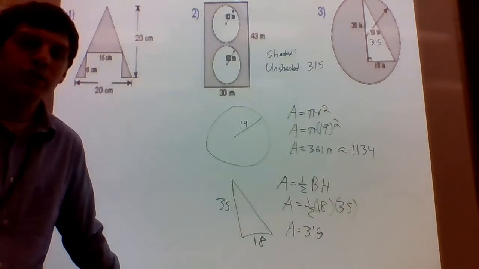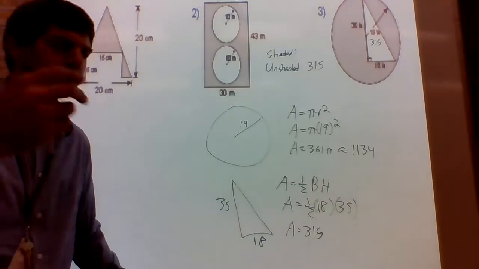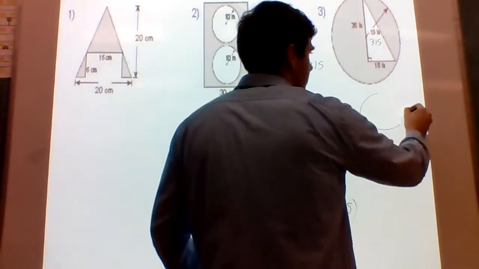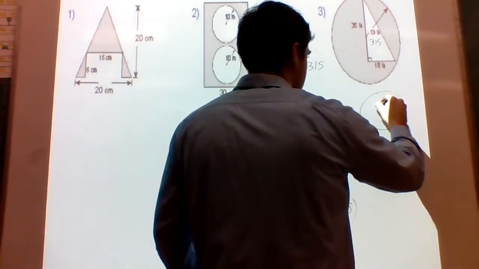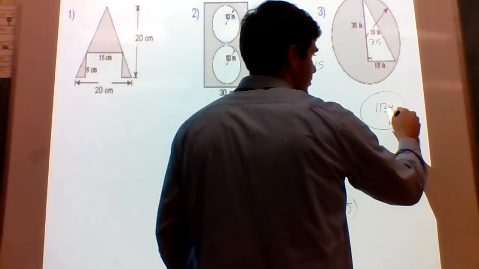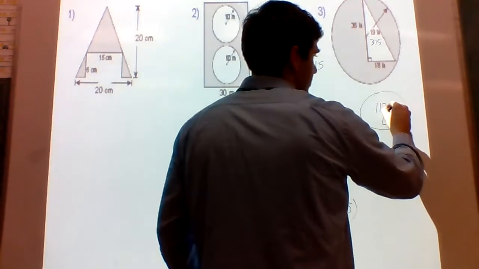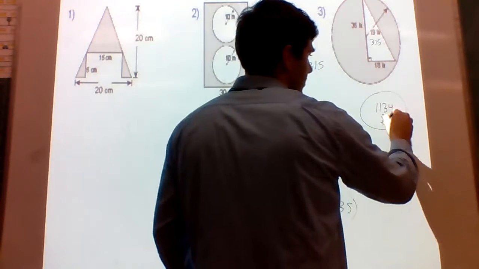And to find the area of the shaded region, we have to take the area of the circle, the area of the whole thing, which is 1134, and then subtract away the triangle.